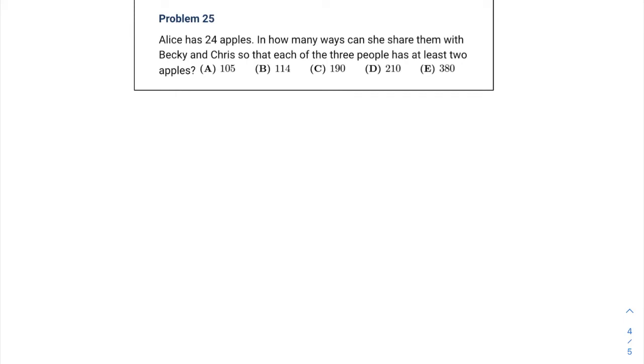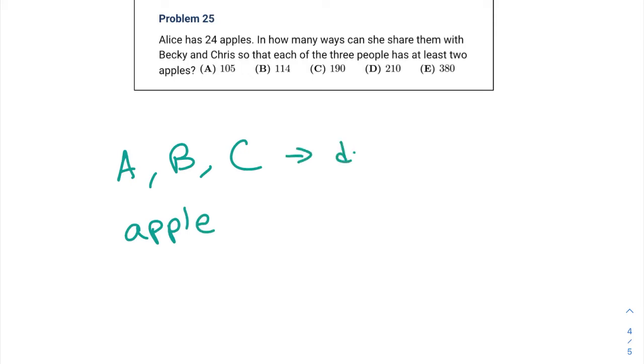So you can usually tell a problem is sticks and stones if you have some containers, and in this case it's Alice, Becky, and Chris. And these containers are going to hold something that in this case is the apples. And this is the important part. The containers are distinct, so in this case you can tell that Alice, Becky, and Chris are different people.